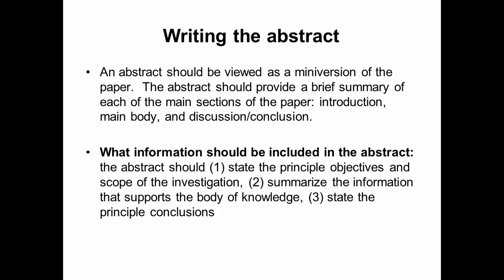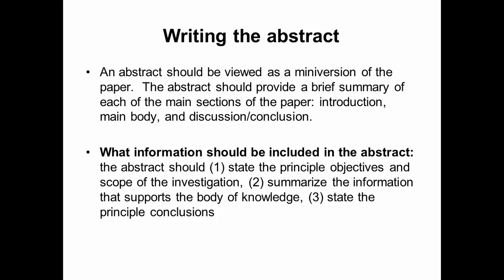Again, you only need about 250 words. You don't want to include a lot of information for each section, but just several sentences to summarize each section. So what information should be included in the abstract?